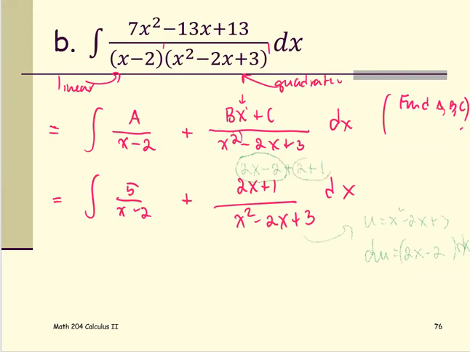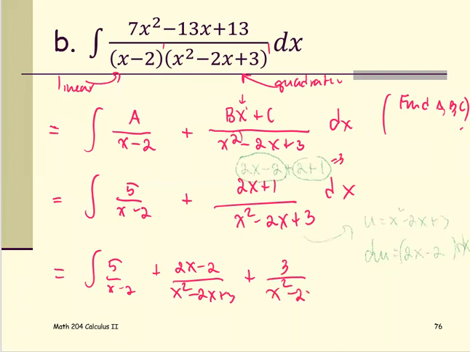So I separate the second term into two fractions again: 2x minus 2 divided by x squared minus 2x plus 3, plus this one becomes 3, 3 divided by x squared minus 2x plus 3, with respect to x.